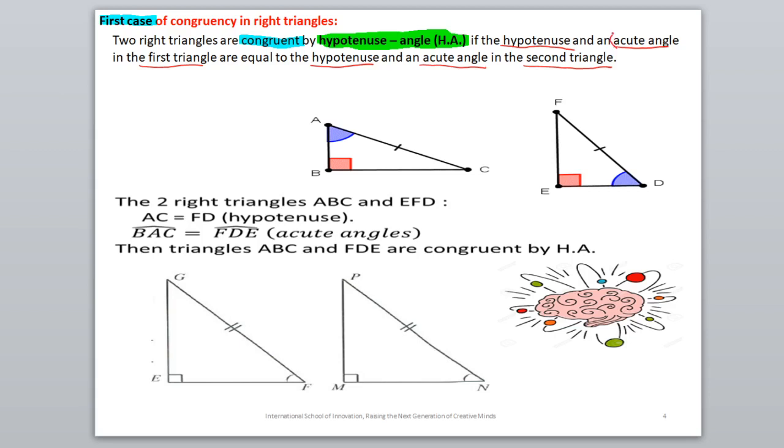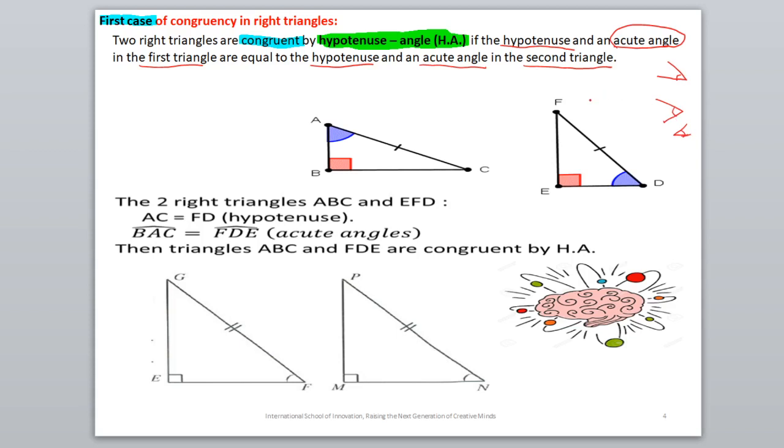What do you mean by acute angle? An acute angle is an angle that's less than 90 degrees. So this is an acute angle. A right angle is 90, and an acute angle is less than 90 degrees, like this, like that. So it's acute.